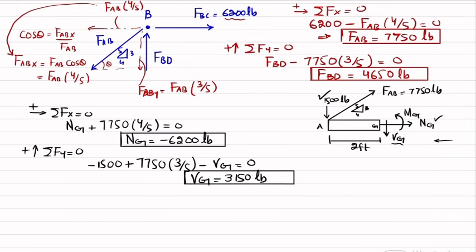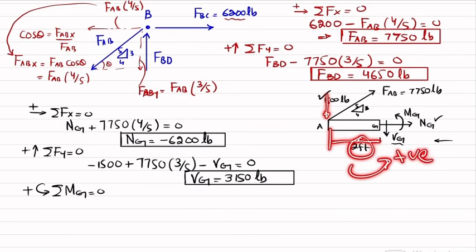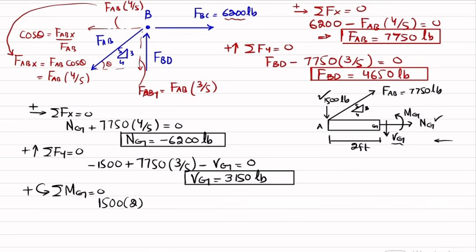Now the last thing is the moment about point G. For that we will apply the equation of equilibrium that the sum of all moments about point G is 0, and counterclockwise moment is taken as positive. The first moment is this 1500 into a perpendicular distance of 2, and it is producing a counterclockwise moment, so it will be positive. So I can write 1500 multiplied by 2. The second moment is due to this vertical force, which is upward, with a perpendicular distance of 2 feet. This is producing a clockwise moment, so it will be negative.